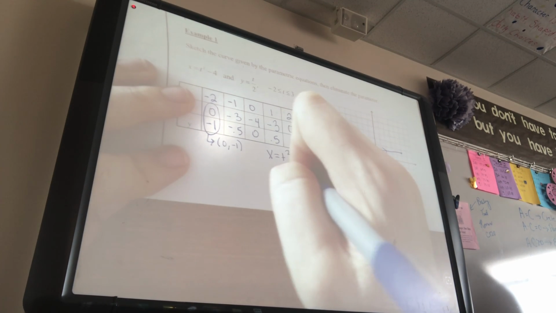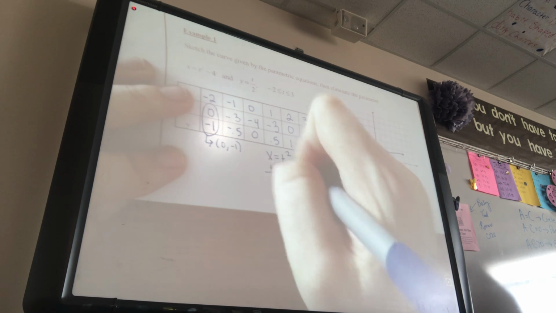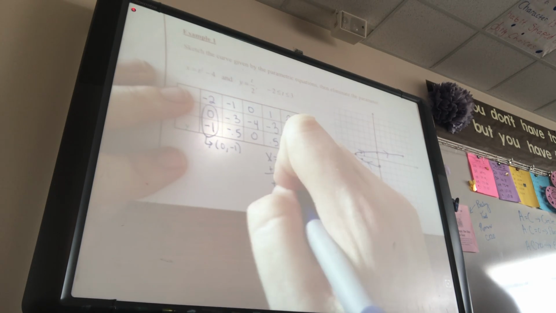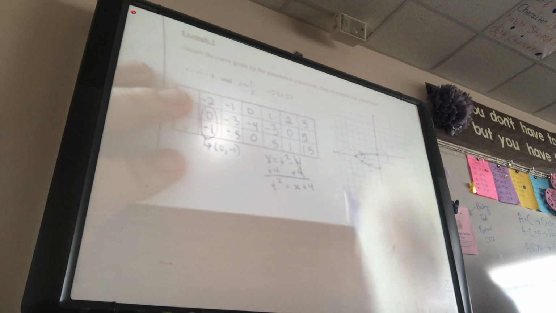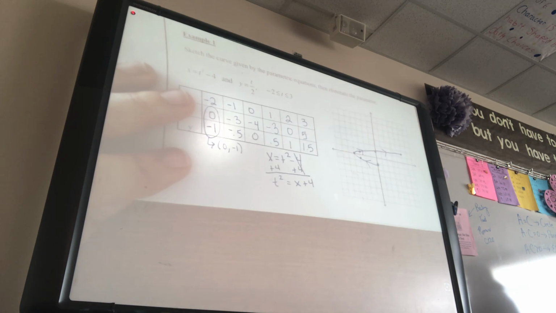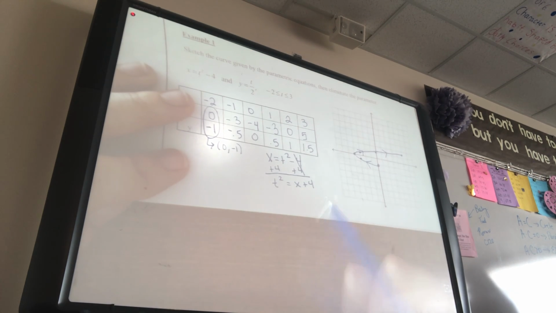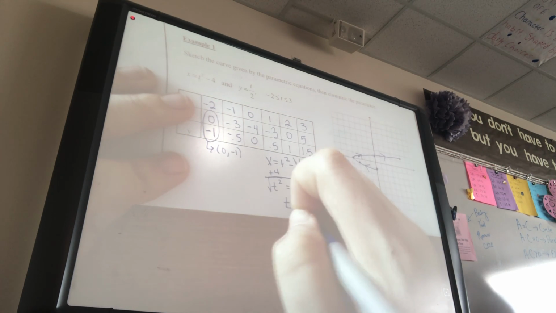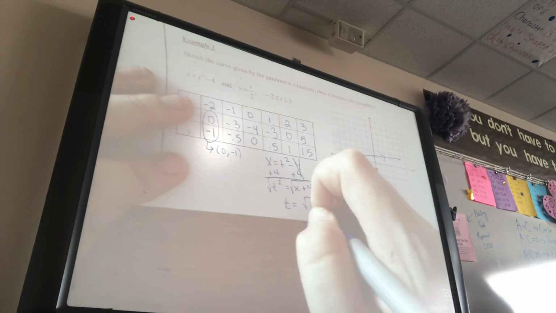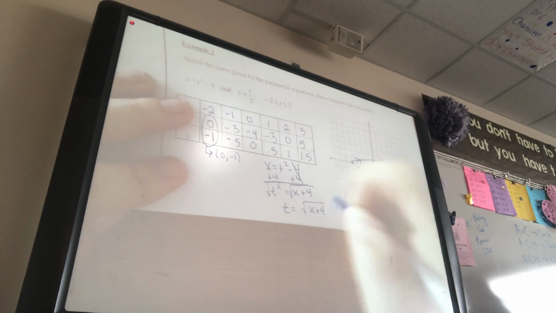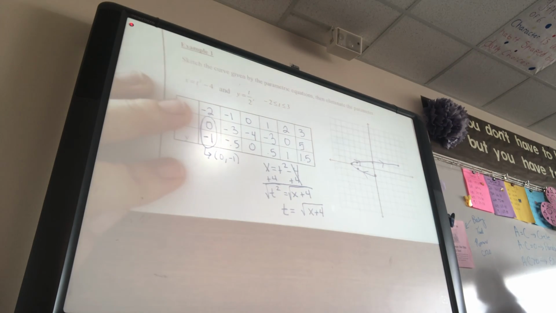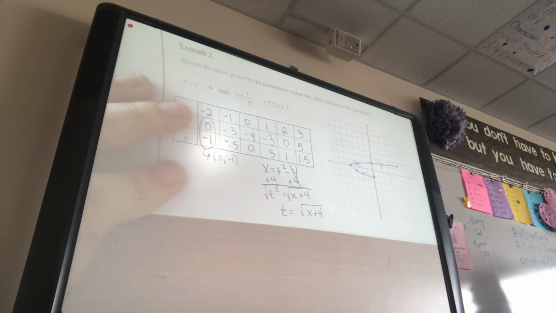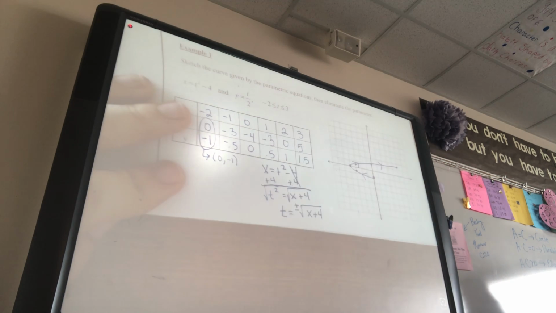Add 4. So t squared is equal to x plus 4. Yeah, I cancel out the squared by square rooting, and most of you are going to leave it like this, and I'm going to count points off. Plus or minus. Plus or minus. Anytime you apply a square root, you have to do plus or minus.